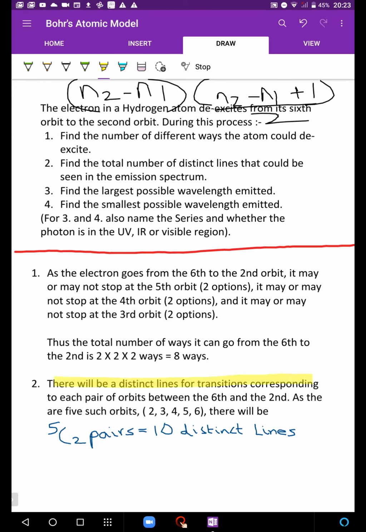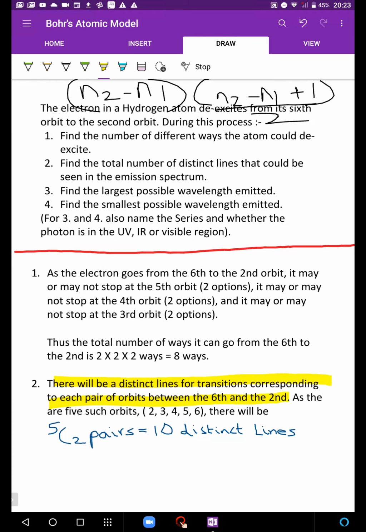So for each transition there is a different transition corresponding to each pair of orbits between the sixth and the second. तो sixth orbit और second orbit के बीच में हर pair के लिए there is going to be a unique transition, because I said those lines are not equally spaced.